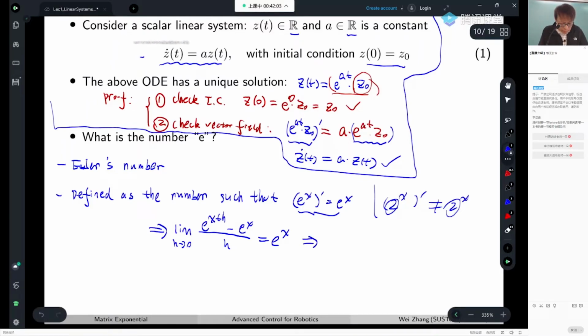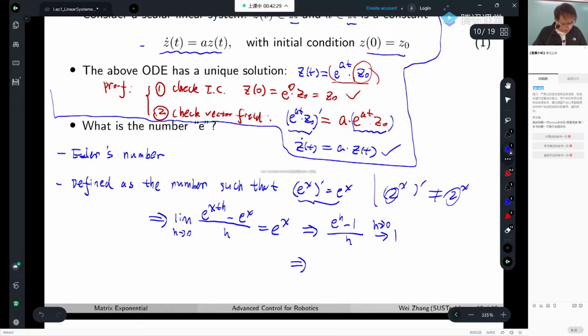This directly implies E to the H minus 1 divided by H, if you divide by E to the X, because the limit is with respect to H, not with respect to X. So X is almost like a constant, right? So you divide everything by E to the X, and it has to converge to 1 as H goes to 0.